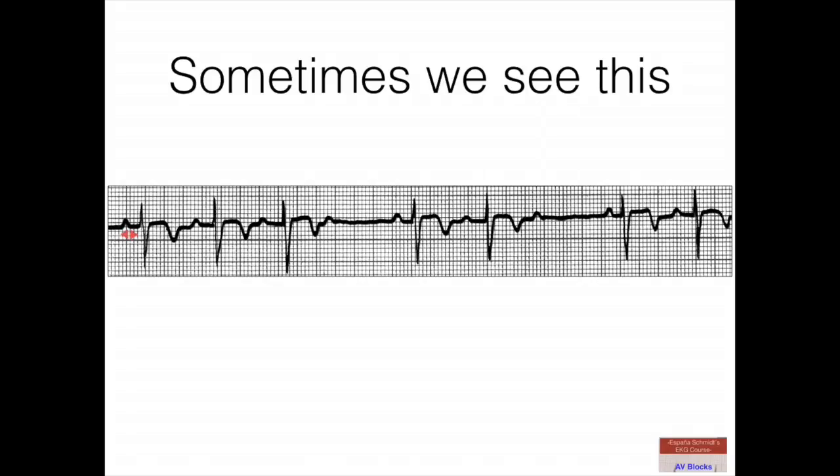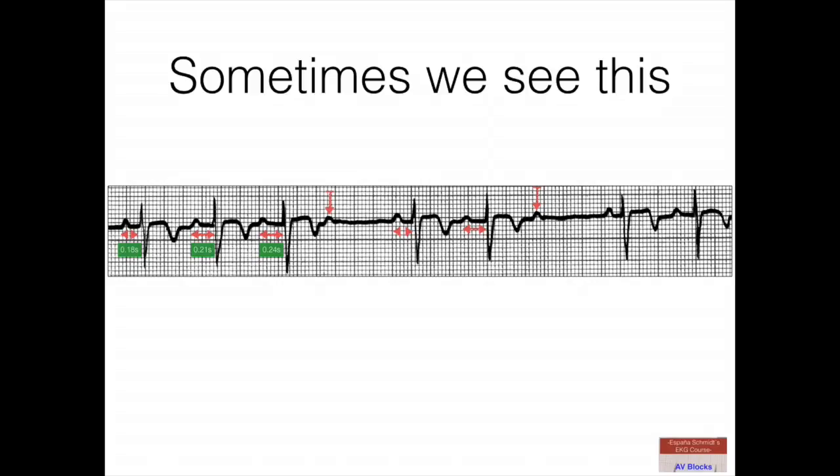But as you see, the PR interval here is 0.18 seconds approximately, but then increases to 0.21 seconds, and then increases again. After that, there is another P wave which is not conducting a QRS. Then the cycle starts again until a P is not conducting or drops the beat.